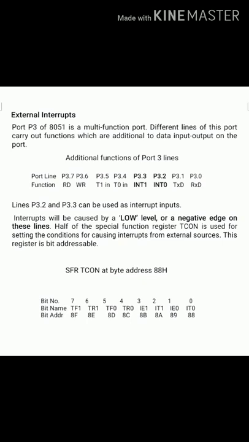If it comes on P3.2, it is interrupt 0. If the interrupt comes on P3.3, then it is called interrupt 1. So all in all, the external interrupts come on port 3.2 and port 3.3.